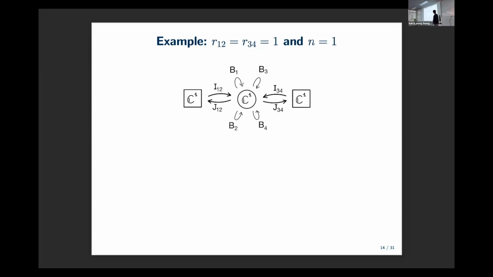Before we get into the general story, let me start with an example. So here is a truly 4D example, because we have a rank vector which spans all 4 coordinates. But we will consider the smallest non-trivial instanton number, which is 1. And then if we parameterize the solutions of all ADHM equations, there are some classical ones that appear.